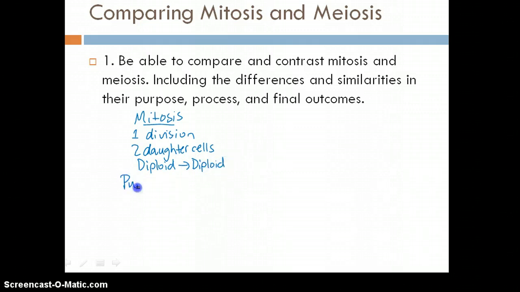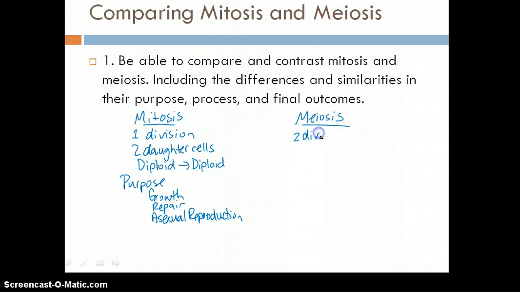The purpose is growth, repair, asexual reproduction. Meiosis is two divisions, four daughter cells.